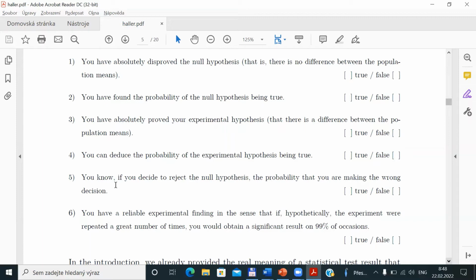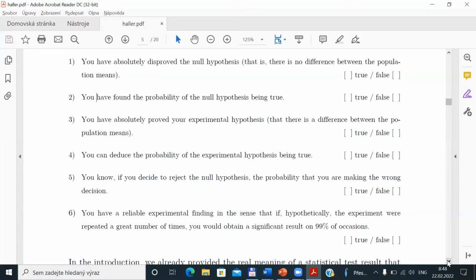I wouldn't go into details, but I can inform you that this is also a false statement. If you would like to find deeper reasoning, please find the Haller-Krauss article. It is still online, and you can find details there.